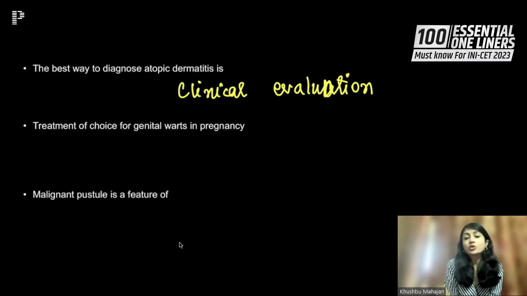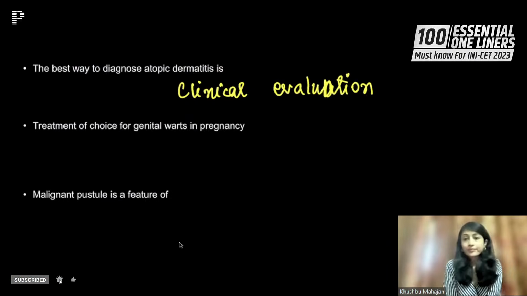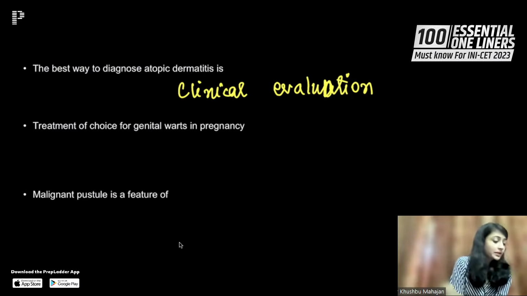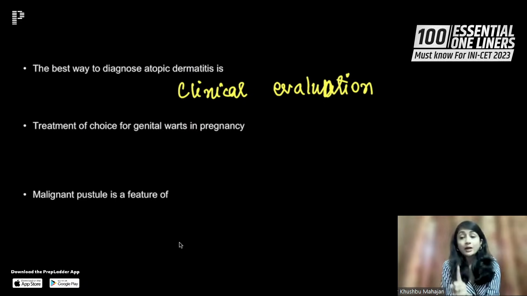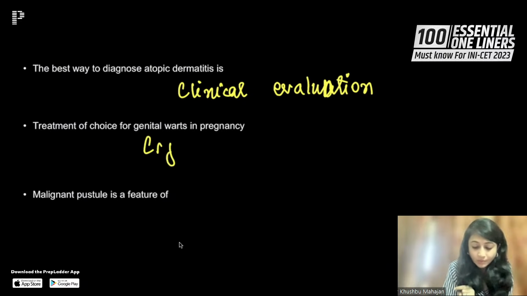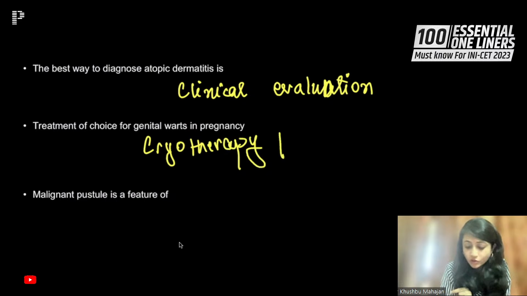Treatment of choice for genital warts in pregnancy. What is the treatment of choice for genital warts in pregnancy? Okay. Yes, cryotherapy is the correct answer. Please don't mark podophyllin. Podophyllin cannot be given in pregnant females. So my treatment of choice is either cryotherapy or it can also be trichloroacetic acid.